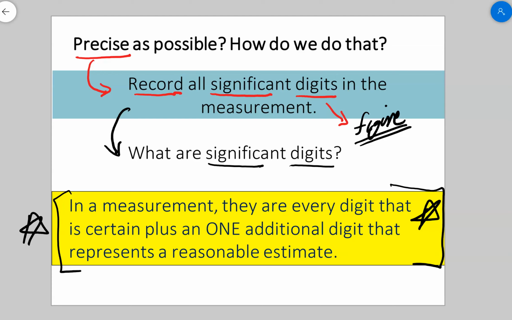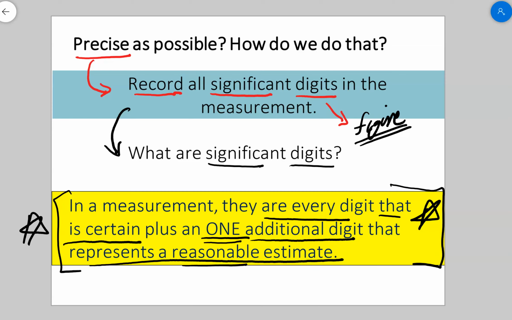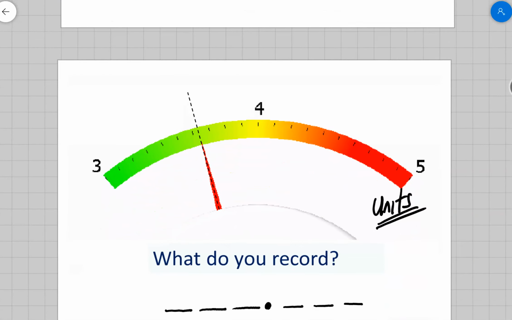In a measurement, these significant digits or significant figures are every digit that you know for sure, plus one and only one additional digit that represents a reasonable estimate. You're probably going, what? Well, let's apply it. I think you'll see it if we can apply it.